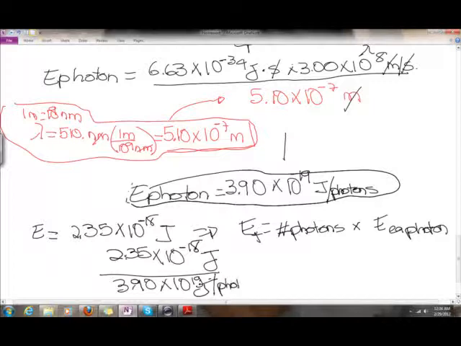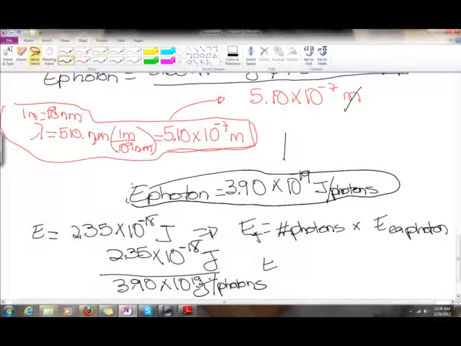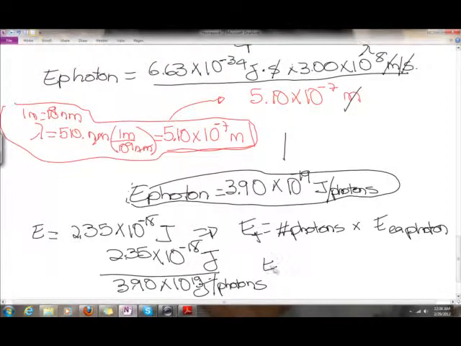The joules cancel, leaving photons, and this should give you 6 photons. So the number of photons is going to be equal to 6. And that's the answer for that question.